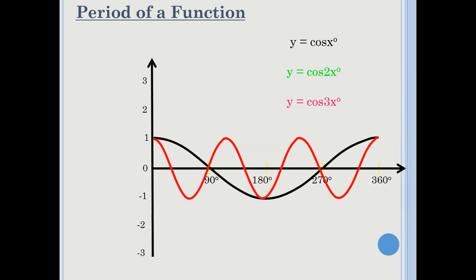It now repeats itself 3 times in the graph. And what we would notice is for y equals cos 3x, it starts to repeat itself at 120 degrees, which again makes sense because 360 divided by 3 is equal to 120.